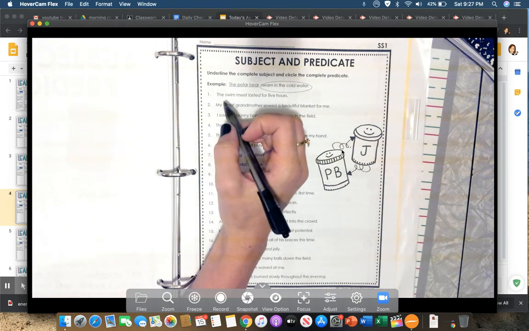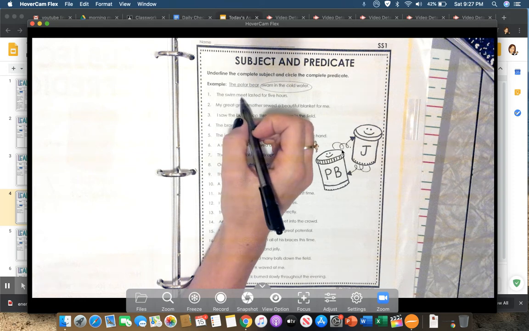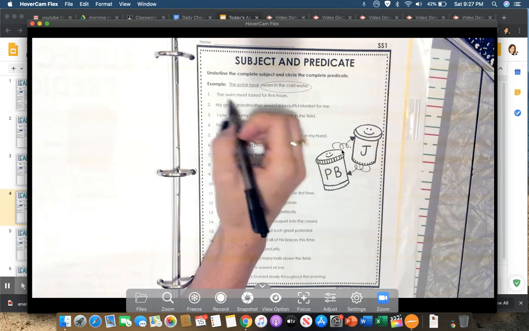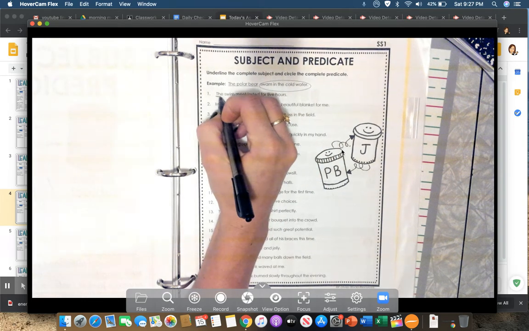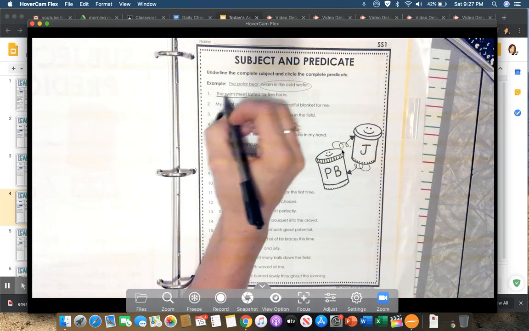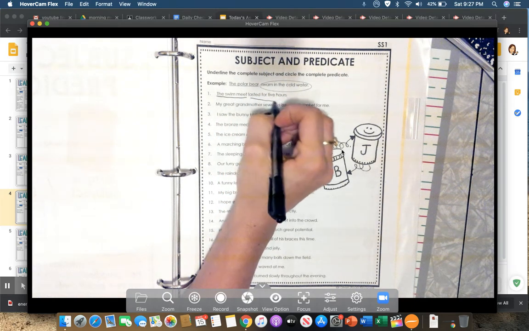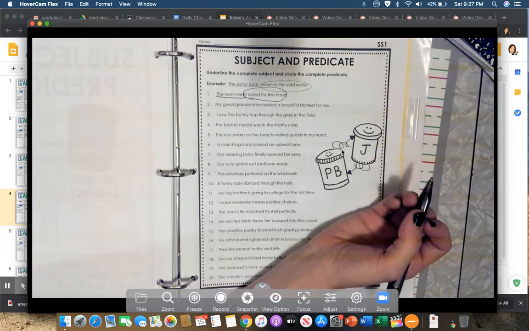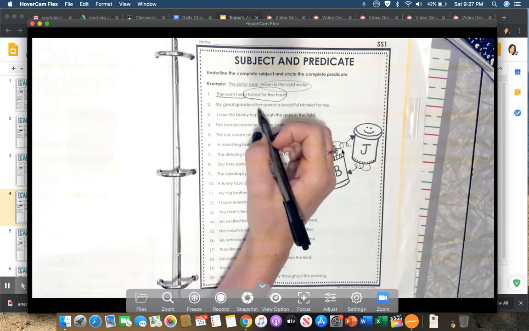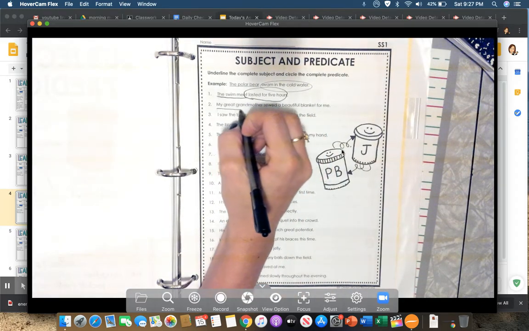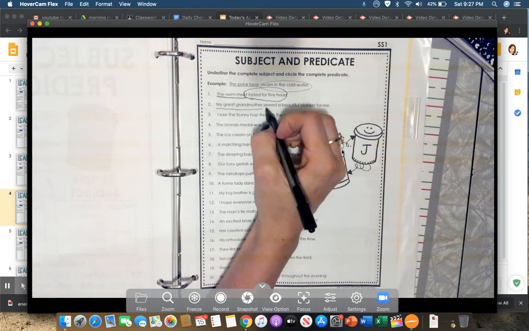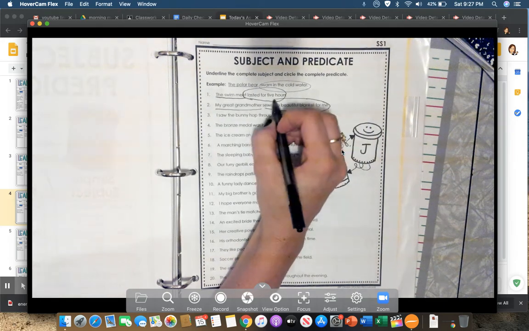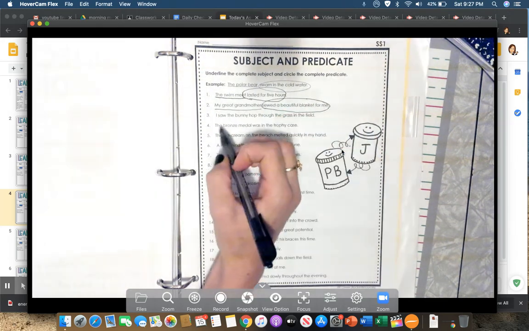So the swim meet. So notice this, the sentence is about the swim meet. So that's going to be the complete subject. And what about the swim meet? It lasted for 5 hours. So that's going to be the predicate. My great grandmother, that's the complete subject. And what did she do? She sewed a beautiful blanket for me. That's a complete predicate.